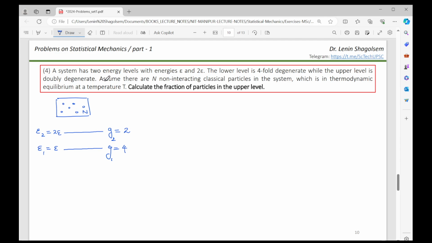Each particle can take some values, and the total energy of the system can also be calculated if we know the value of energy of each particle.